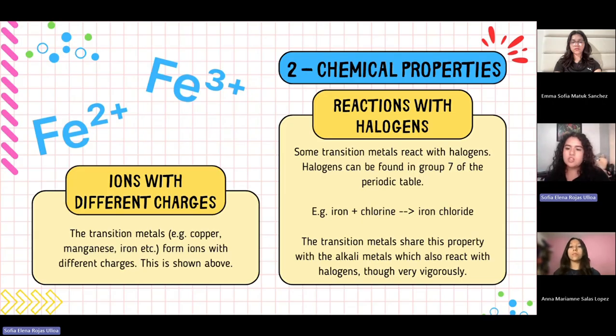The transition metals share this property with the alkali metals, which also react with halogens very vigorously. Copper, manganese, and iron form ions with different charges. This is shown above.